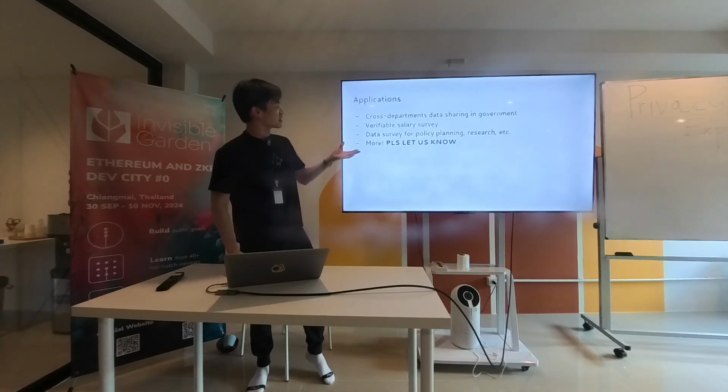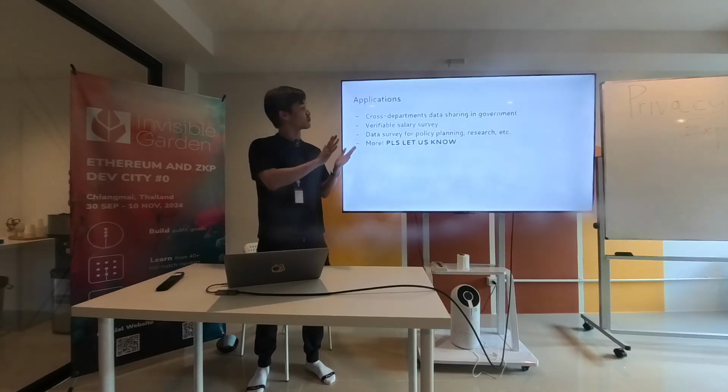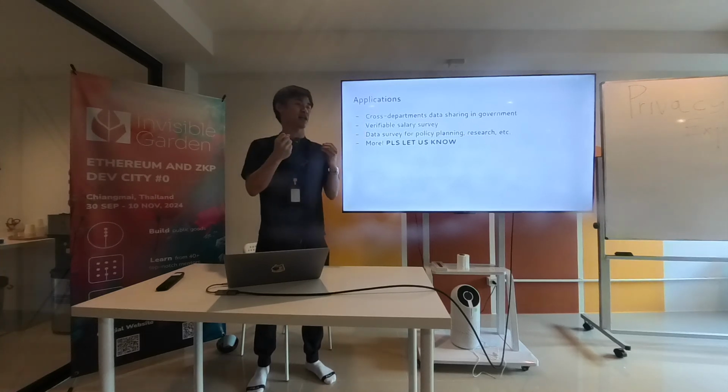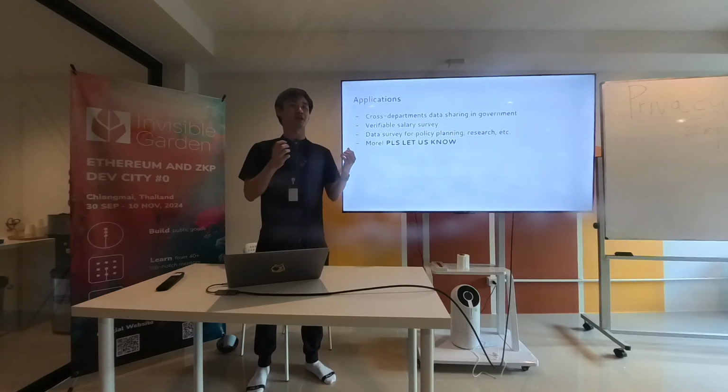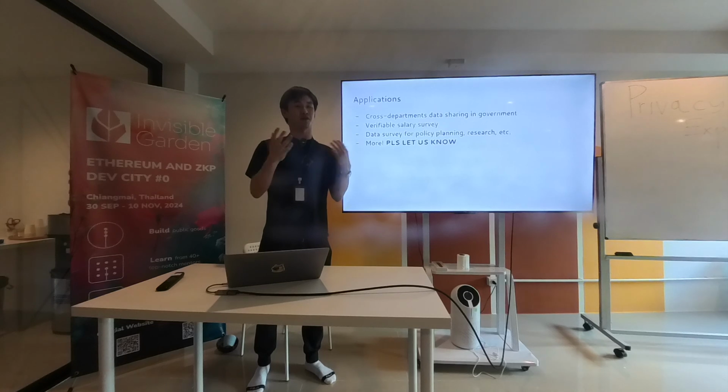And yeah. So for applications right now, briefly, we are thinking about a lot of things. For example, there's a problem in government where there are many legal entities and you cannot do data sharing together because of regulation. With this, of course, it's quite intuitive, right?